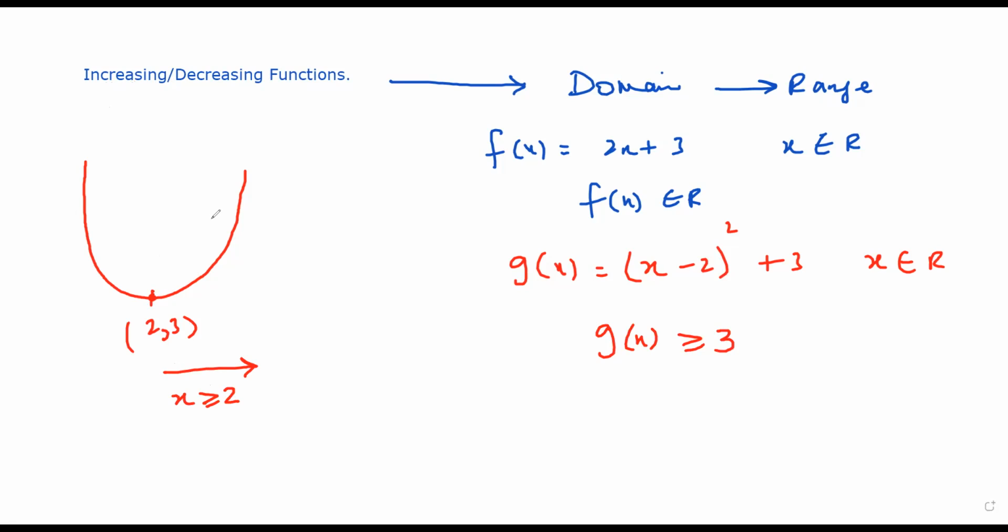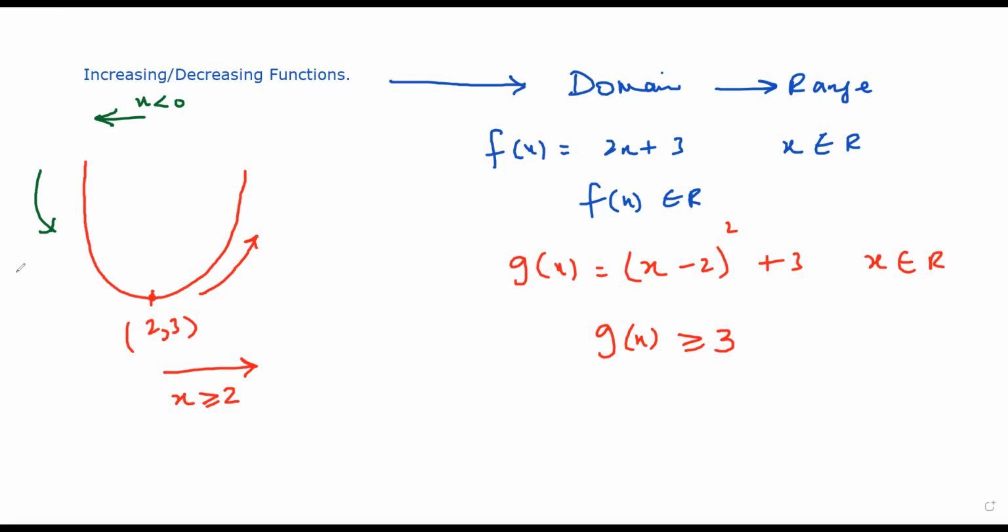Is it increasing or decreasing? It is increasing, because this curve is going upwards. And if x is less than 2, you will see this is a decreasing function, because the curve is going downwards.